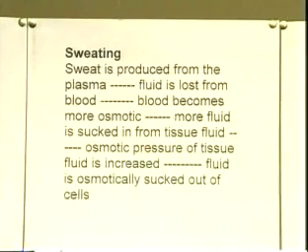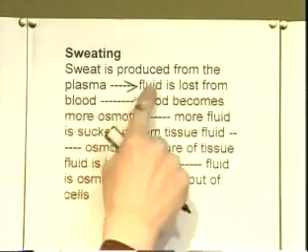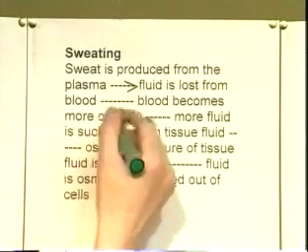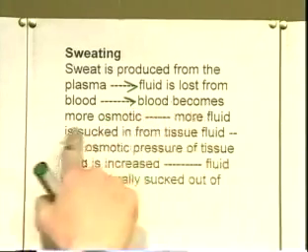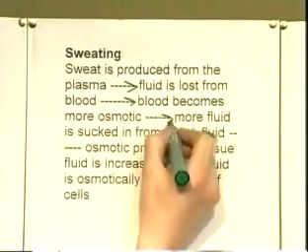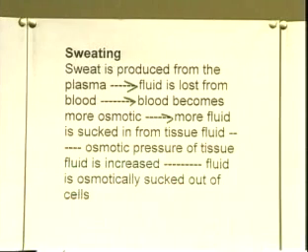Sweat is produced from the plasma. Water is therefore lost from the blood. That means the blood becomes more osmotic. Therefore, more fluid is sucked in from the tissue fluid, from the interstitial space, restoring blood volume, therefore maintaining blood pressure.